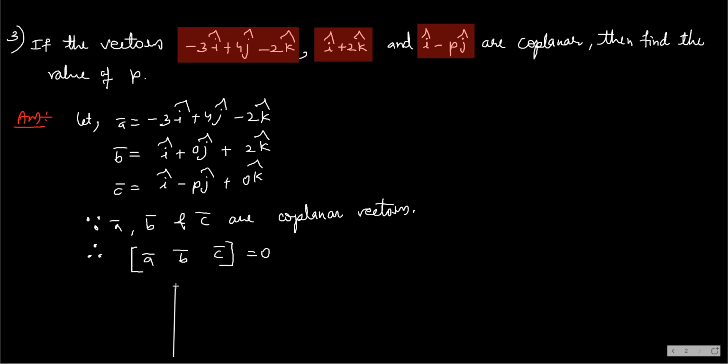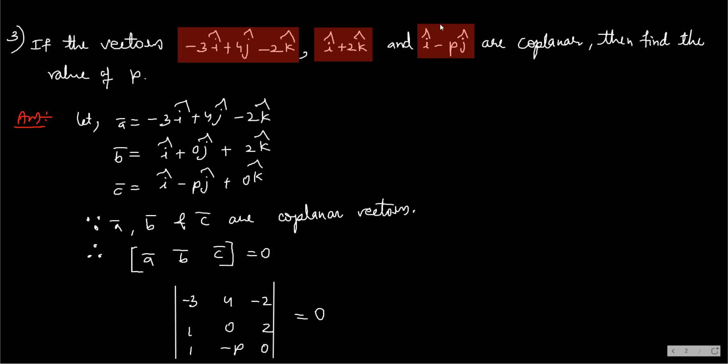What does that mean? It means the determinant that you will get will be equal to 0. So now get the determinant. Negative 3, 4, negative 2, 1, 0, 2, and here you have 1, minus p, 0. This will be equal to 0.